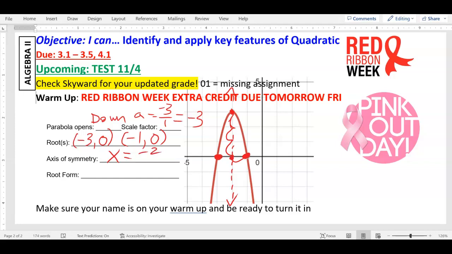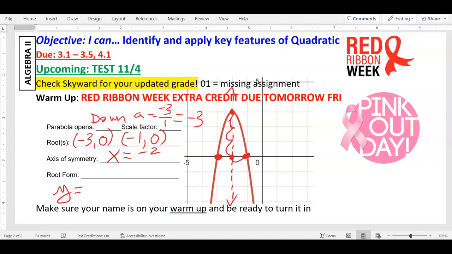Now, it's y equals. Here's the deal. The root form is in your notes from yesterday. If you don't have it, we have extra copies in the blue bin over here. Below this, I'm going to write the form, and then we're going to fill it in.